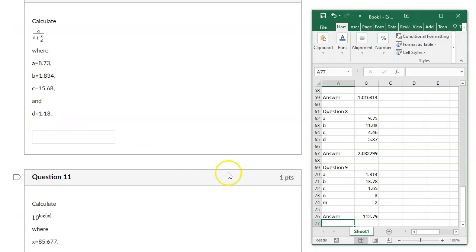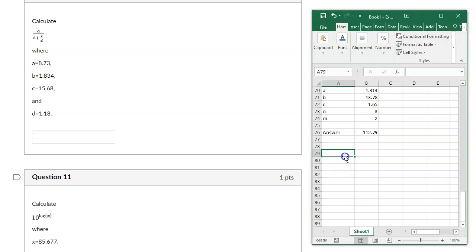Let's get to 10. Question 10. There's an A, B, C, and D: 8.73, 1.834, 15.68, 1.18.